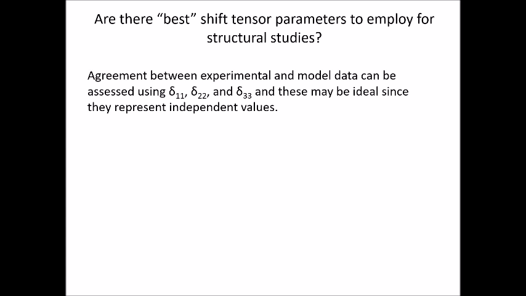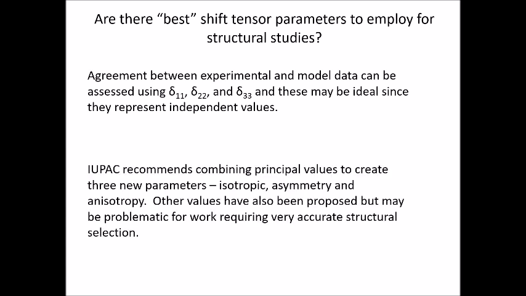The reason this even becomes an issue is because the IUPAC has recommended that we combine principal values in some mathematical combination to create new parameters. The values that they recommend are the isotropic, asymmetry, and anisotropy. Other values have also been proposed by several other people, but I want to talk to you about why using any of these might be problematic and discuss which may be more advantageous than others.